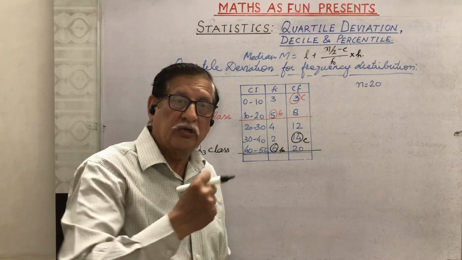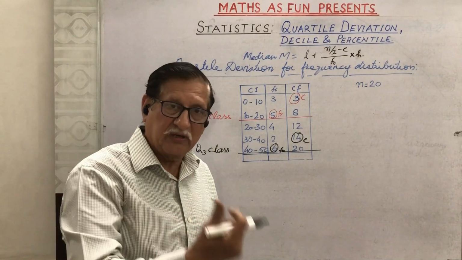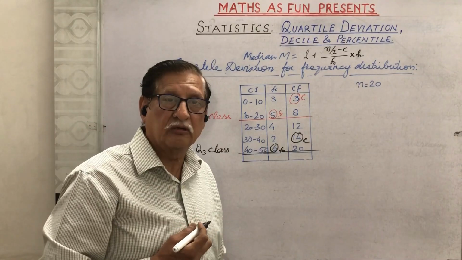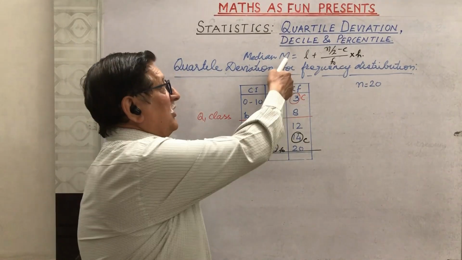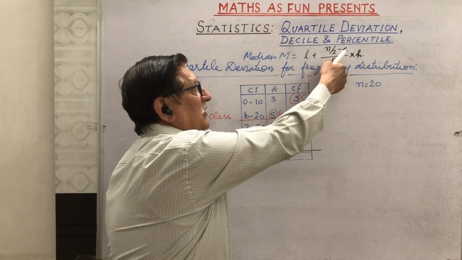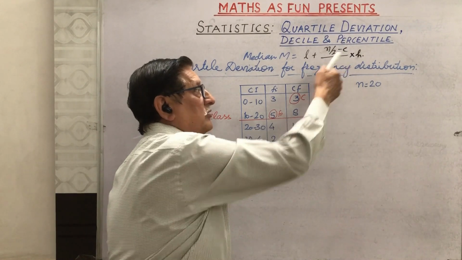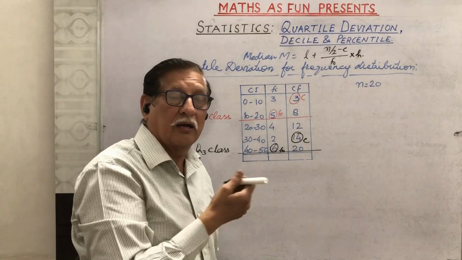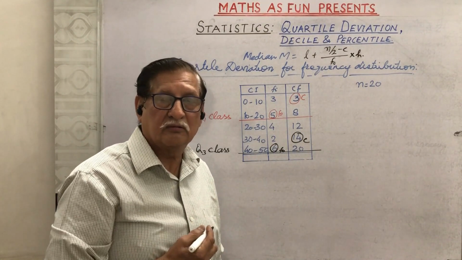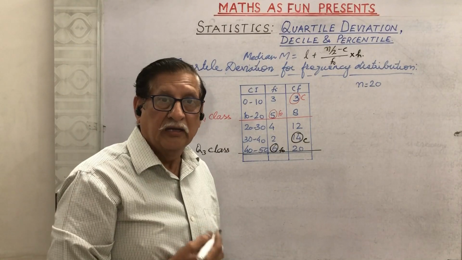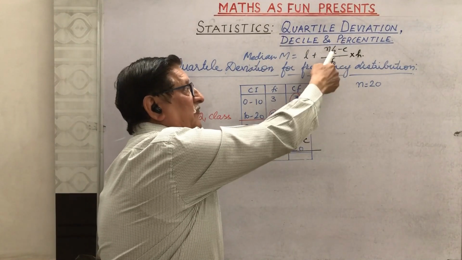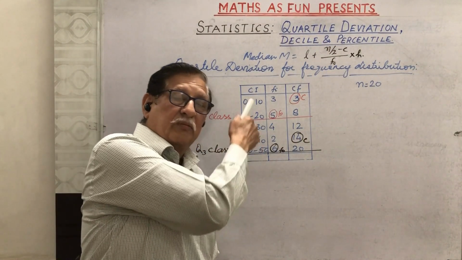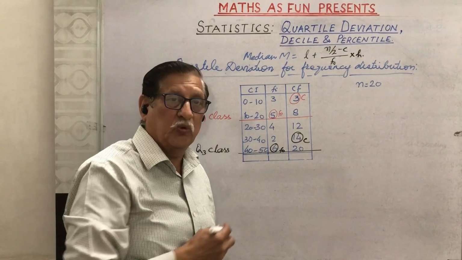We know when we calculated the median, in the previous videos we have learned how to find out the median, that is a measure of central tendency. The formula for median was L plus (n by 2 minus C) upon f0 into h. And we know what all these were: L, n, C, f0 and h. Similarly, as we found the value of n by 2, for the quartile we will be finding the value of n by 4.